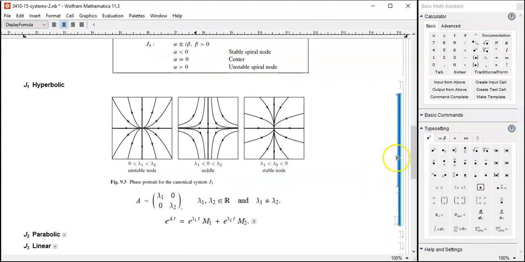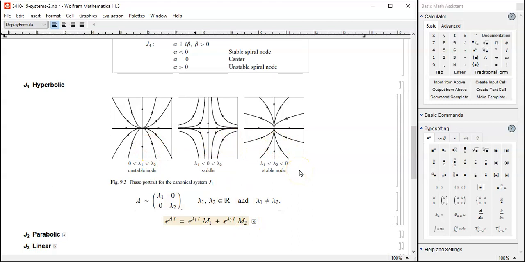Let's see. The matrix is similar to this matrix, lambda 1, 0, 0, lambda 2, and lambda 1 and lambda 2, those are two different eigenvalues, all right? But depending upon signs, we have different behaviors.